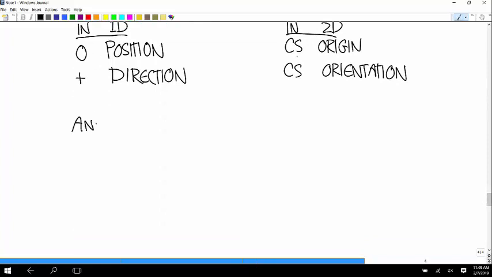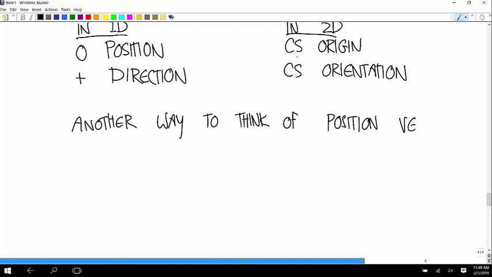Another way to think about it, it's the same thing. So another way to think of the position vector is just the coordinates of the object wherever it is in that coordinate system.